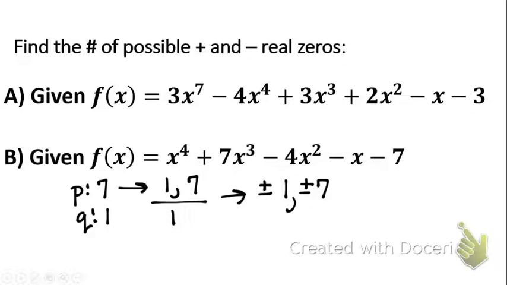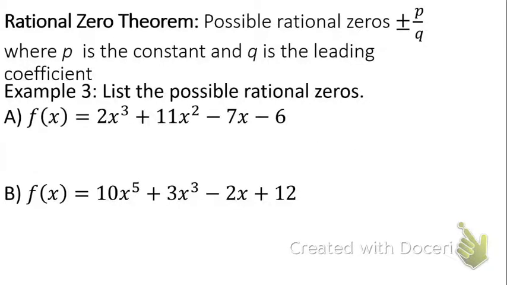Okay, let's try. Go ahead and copy this down. We're going to do some more of these. These are the same examples. So we're going to list the possible roots. You don't have to write this part because you already have this part down.